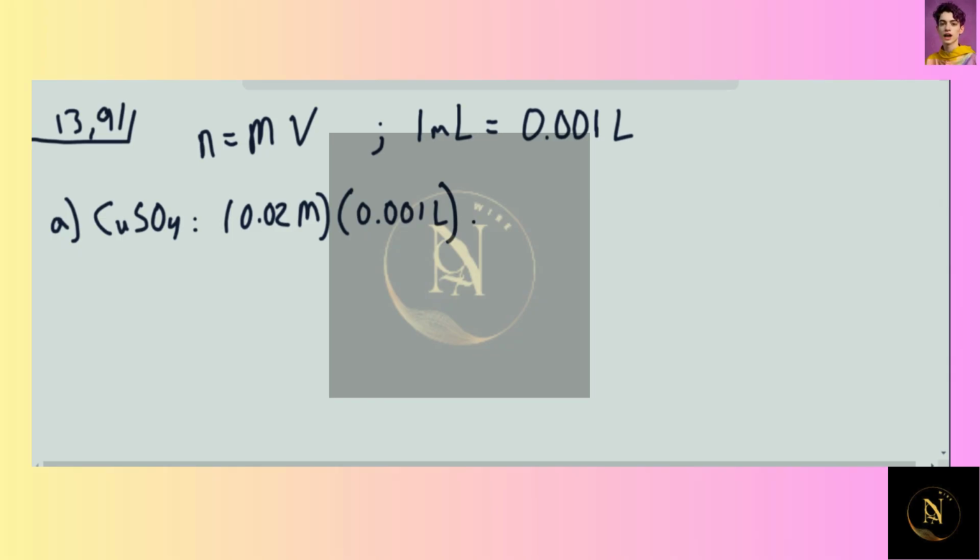In this case, it would be 2 because copper sulfate would break up into 2 separate ions in water. And so that means we would have 4 times 10 to the minus 5 particle moles.